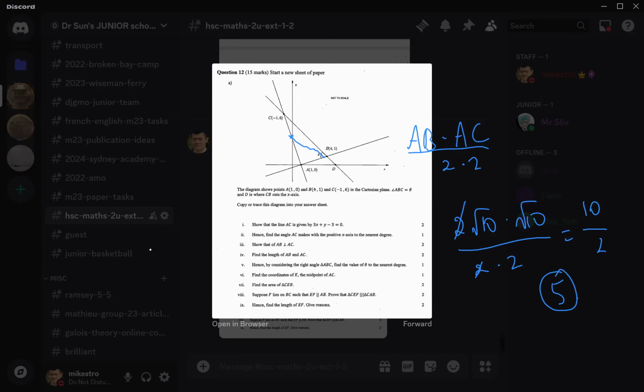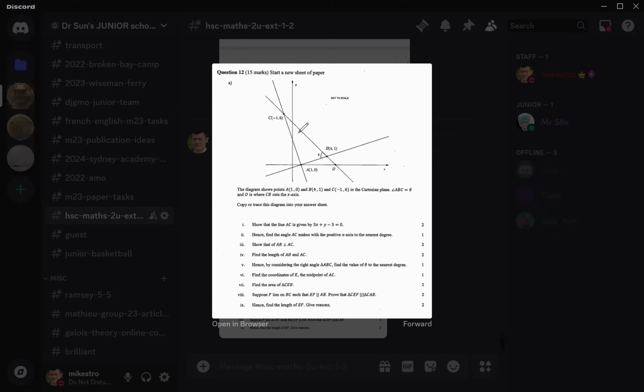Actually, did you know that there's something that's not in your syllabus, but there's actually a formula to find the area of a triangle given 3 coordinates. So you have minus 1, 6, 4, 1, and we have 0, 3. So this is a formula. You put 1s here, and you calculate this thing called a determinant. And what you do is you do these boxes like 4 times 3 minus 0 times 1, and you do that kind of 3 times.